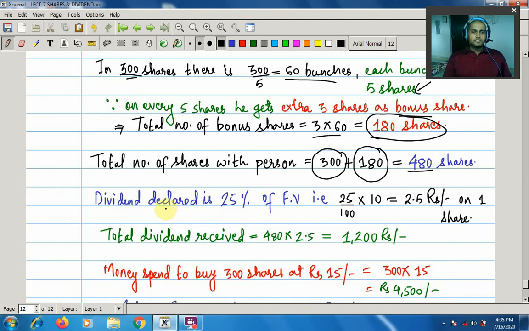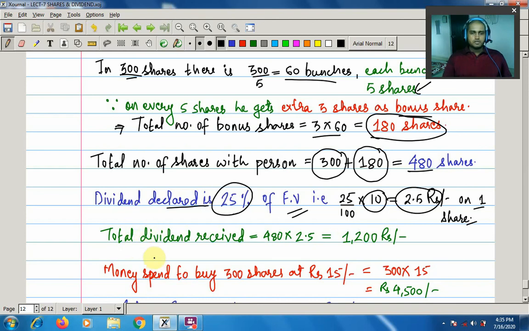Dividend declared is 25% on face value. Face value is rupees 10. So 25% of 10 is 25 upon 100 into 10, 2.5. 2 rupees and 50 paisa on one share. But how many shares he has right now?